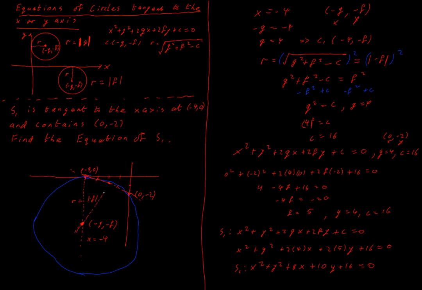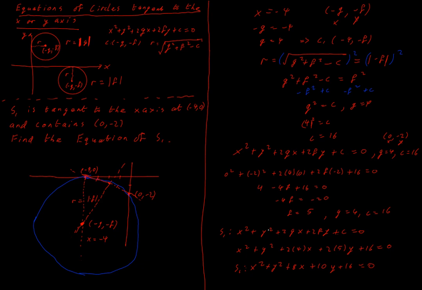So we get the equation of this line, and where our x is equal to minus 4 line and our perpendicular bisector line cross each other would give us the center of the circle, and then we would get the distance from the center to one of our points to get the radius of our circle.